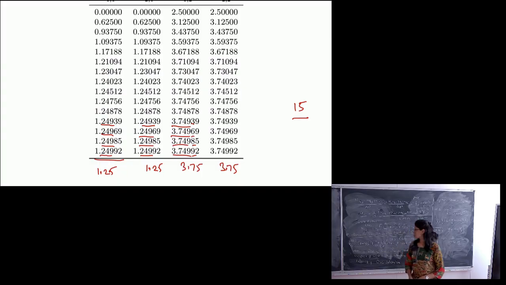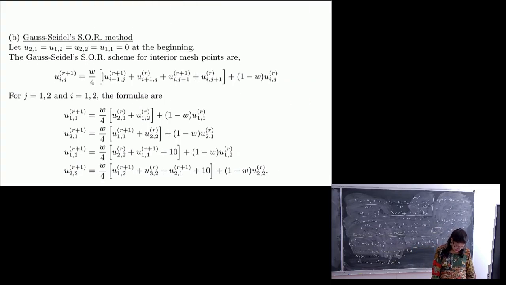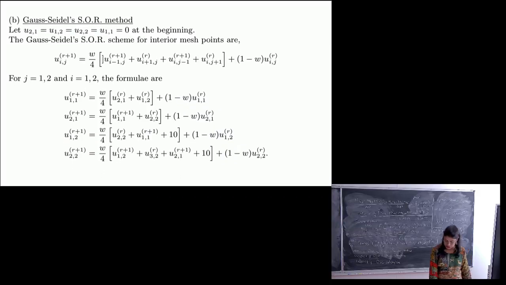Let's start the successive over relaxation method and see how this method works, and whether it is faster than your previous methods. So for that we will do some examples. This is the same example that we were doing with the other two methods.